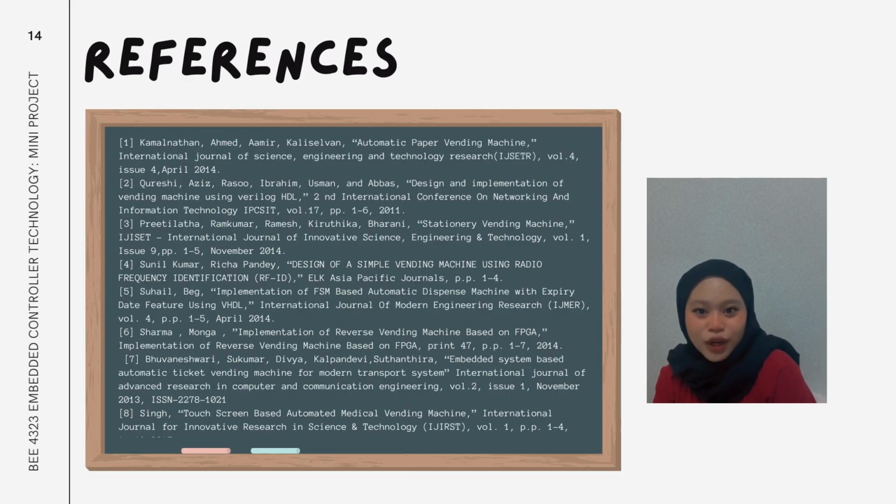Here is a list of our references. We have 8 references that we searched. The first paper is Automatic Paper Vending Machine by Kamal, Nathan, Ahmed, Amir and Keil. The second one is Design and Implementation of Vending Machine using Verilog HDL from Qureshi, Aziz, Raso, Ibrahim, Usman and Abbas.